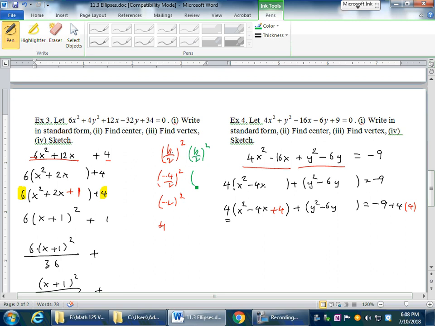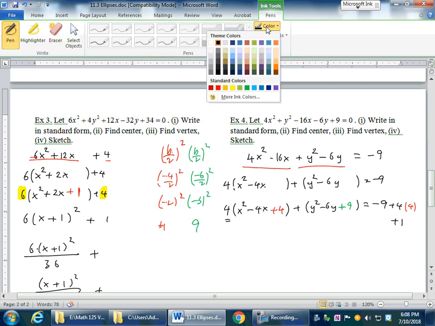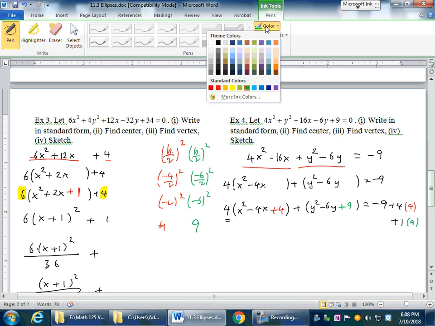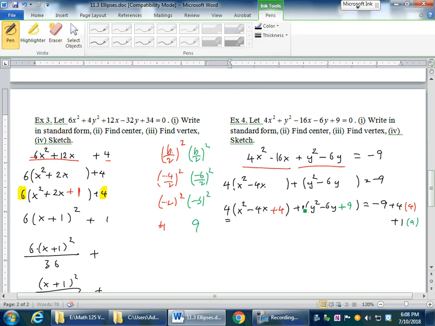My y part will be -6 divided by 2 and squared, which is -3 squared, is 9. So I'm adding 9 right here, and on the right hand side I'm also adding 9, because that'll be plus 1 times 9. The reason is that in front of the y factor is only 1.